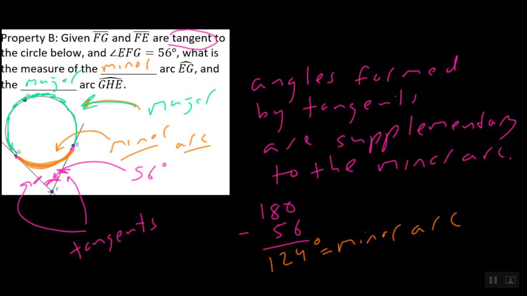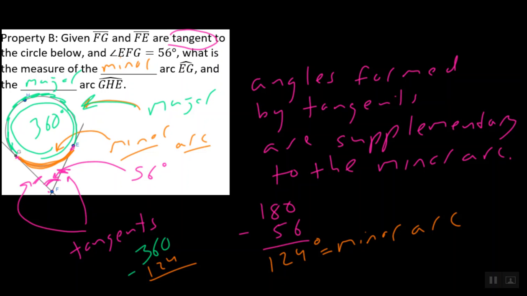Okay, well, what about the major arc? Well, guys, what do we know about a circle? All the way around a circle is 360 degrees. So if we want to find the major arc, we'll simply do 360 minus our minor arc, 124. Let me just grab a calculator so I'm not making any silly mistakes.